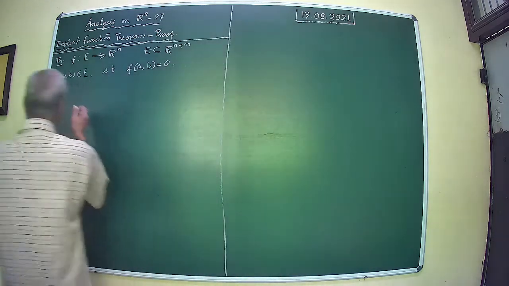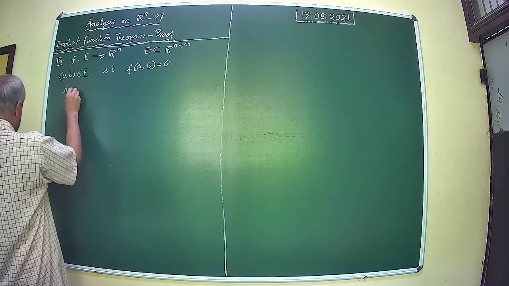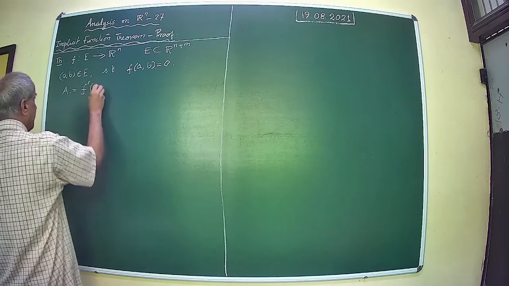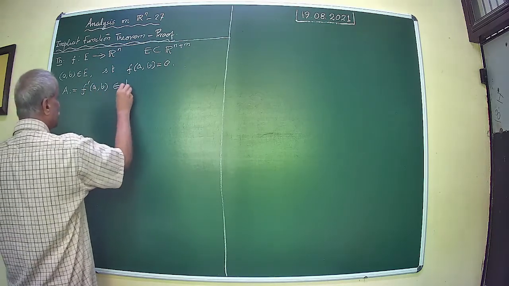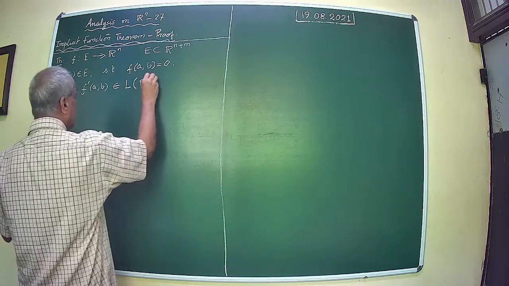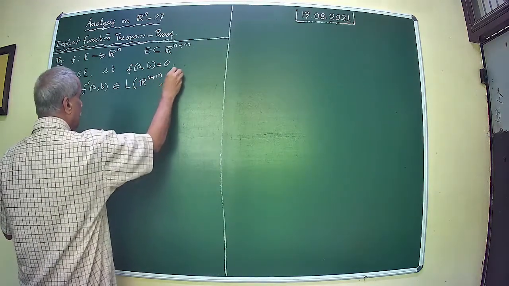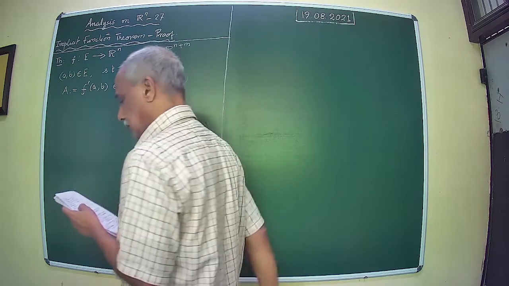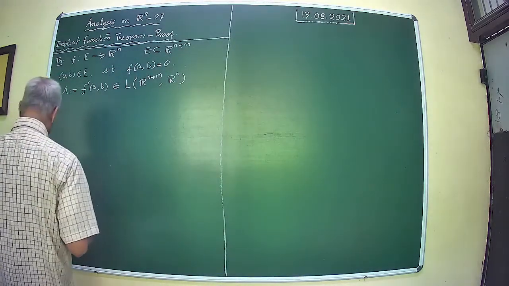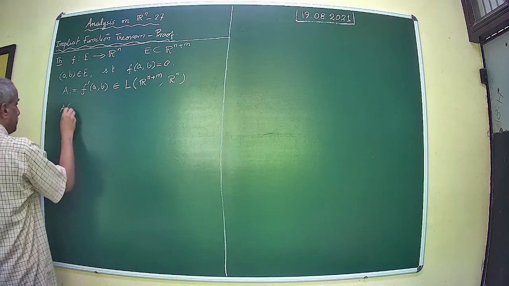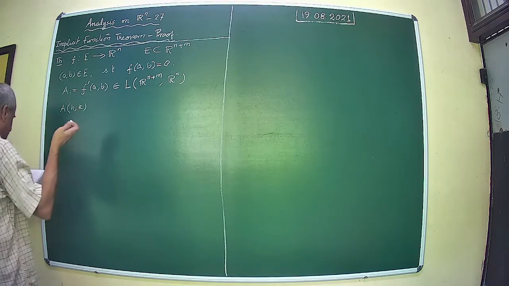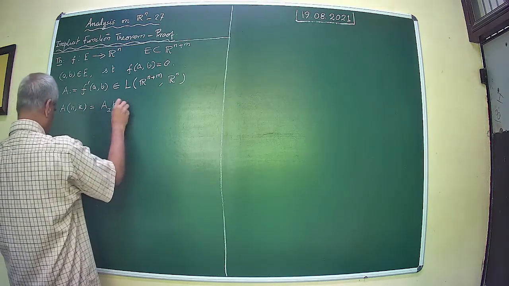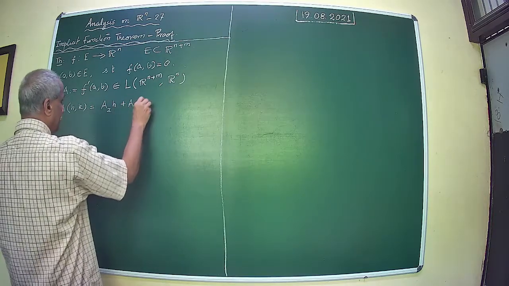Now we define A to be f derivative at (a,b), which you know is a linear transformation from R^(n+m) to R^m. Then it has two parts: A(h,k), with (h,k) belonging to R^(n+m), is written as A_x h plus A_y k.